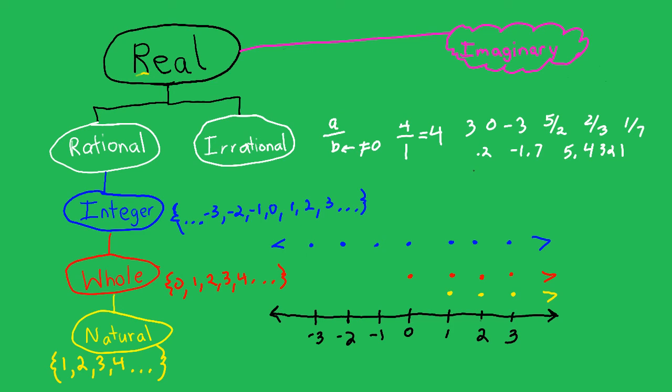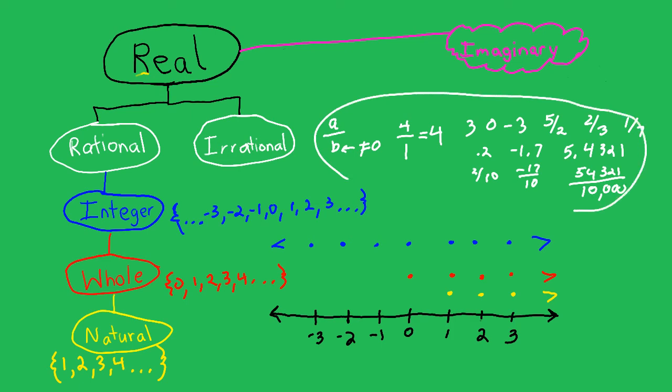You can see that these numbers can be expressed as fractions. 0.2 is just 2/10 or 1/5. Negative 17/10, 54,321 over 10,000. All those numbers can be expressed as fractions and therefore are rational. So those are the rational numbers.